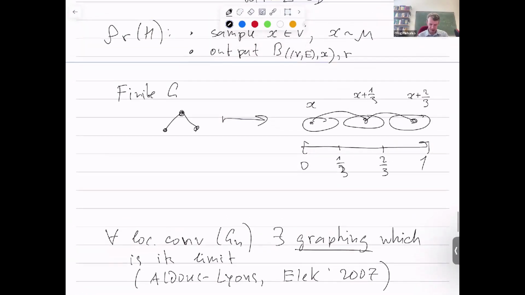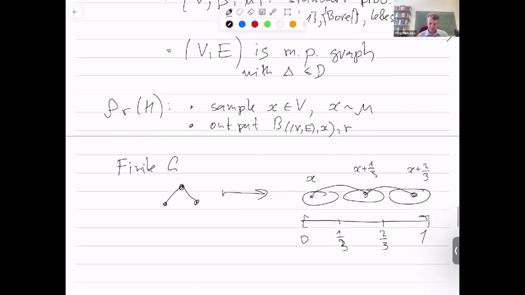And maybe instead of giving a definition, I said we require this property of being measure preserving. Where it comes from, well, one definition would be that if you take any matching in your graph, then it should preserve the measure.